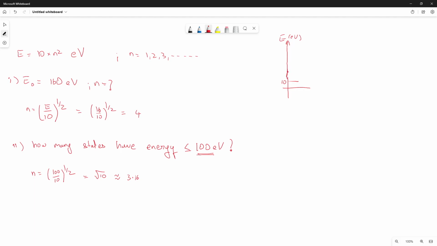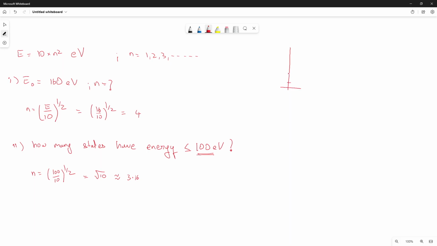So energy first is 10, n is 1. Then second is n is 2, so 10 into 2 squared, 10 into 4. So what is that? 40. Then again 3 squared, 90.